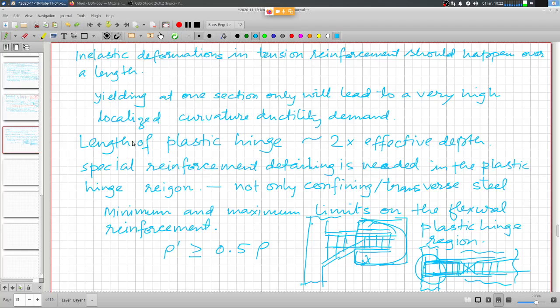The capacities of the column have to be determined accordingly. So first is the accounting for the flange effect, and second one is the provision of the overstrength because of various sources, various factors that we have discussed earlier.